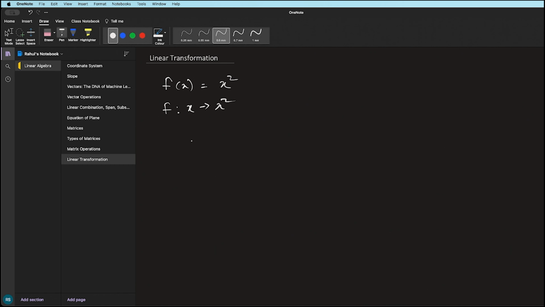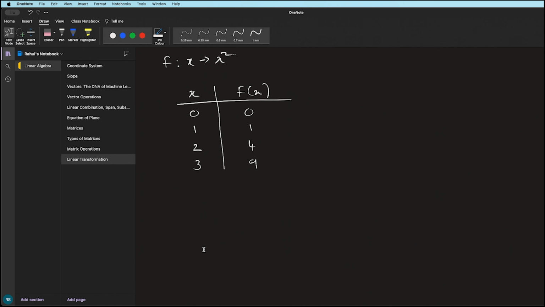So I can write the mapping like this, x and f of x: 0 maps to 0, 1 to 1. Then if the value of x is 2, then f of x is 4. If the value of x is 3, then f of x is 9, and so on. So here in this function, we are giving the input as a variable. Here x is the variable.